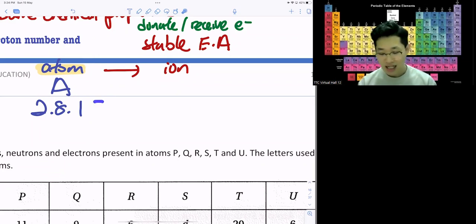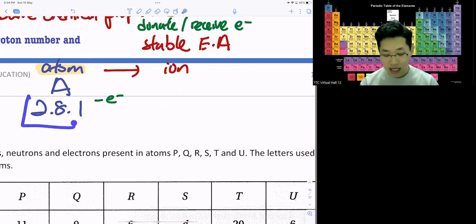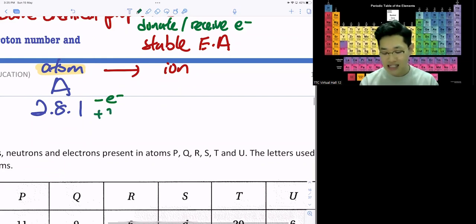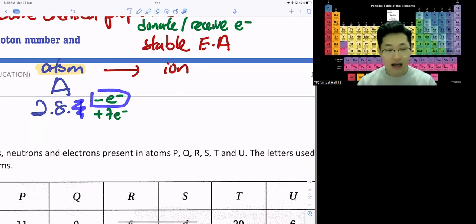Donate means minus. So you see, I can choose to minus the electron off. I just throw it away. Then it becomes perfect, 2 and 8, full. There's no empty space. I can choose to receive electron. Receive is plus 7. Minus 1 and putting 7 electrons into the shell, which one is easier? Which one requires fewer steps?